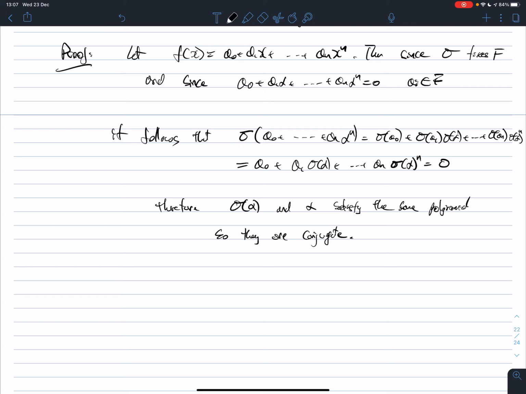So here's an important lemma to do with these embeddings and how many. This is going to help us decide how many embeddings there are, and it is called the separability lemma. You may have seen this in Galois theory. This is lemma 1.5.7.